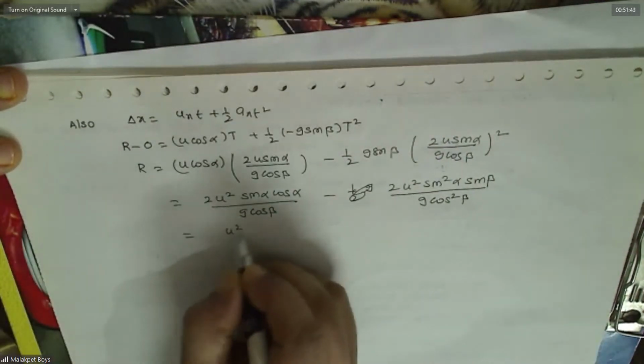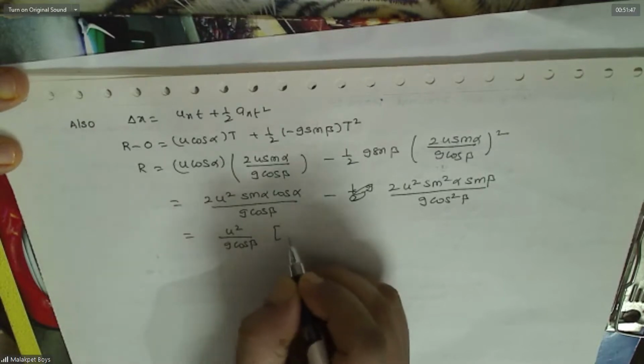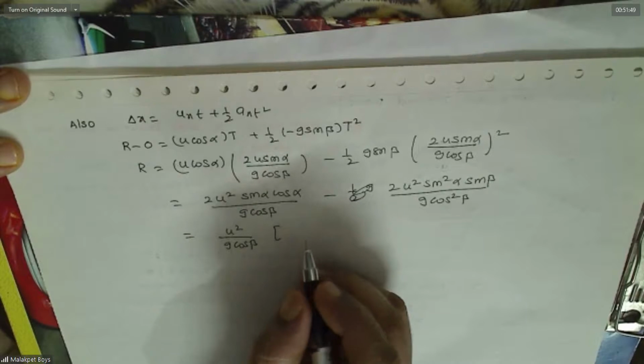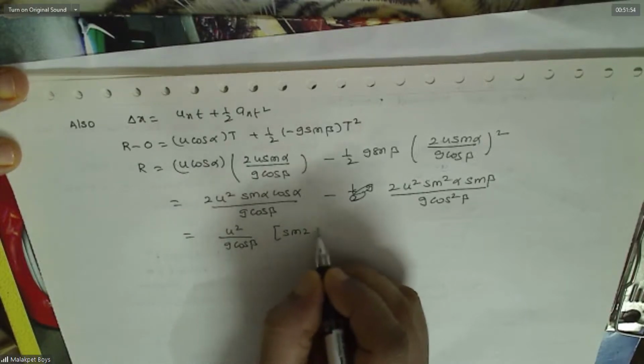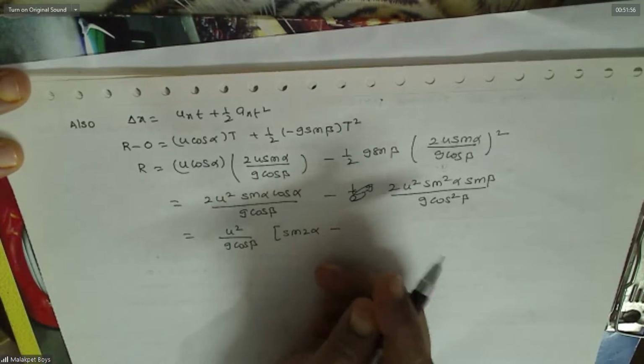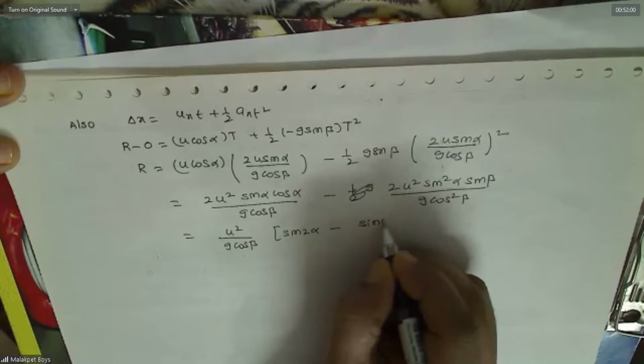I can take u square by g cos beta. I think you're good at trigonometry, no? That u square also you can take. Then I won't take because I need transformation. Yes, sir. Again, that will be a headache for us.